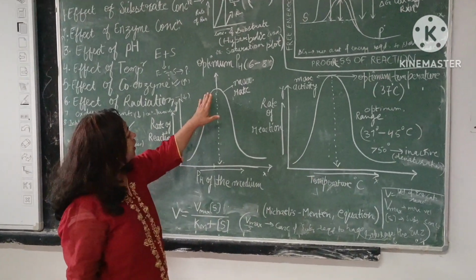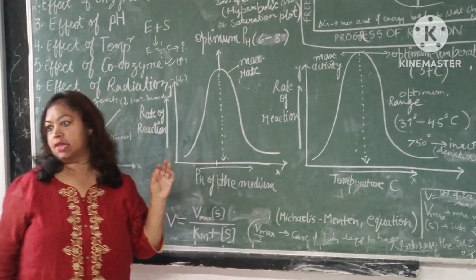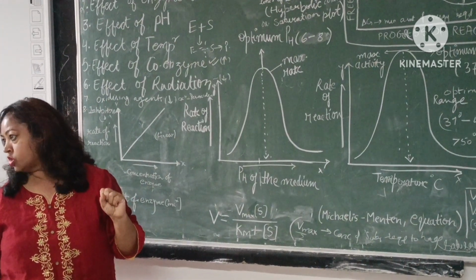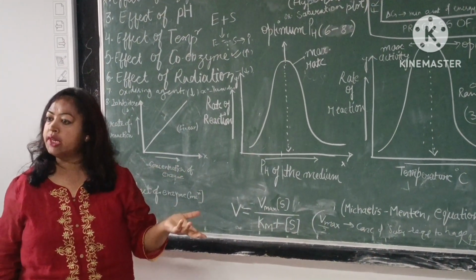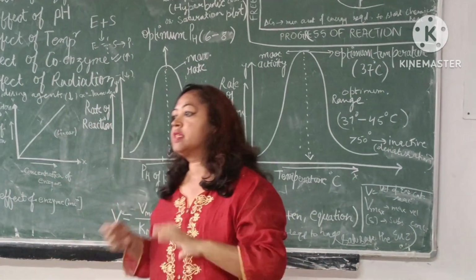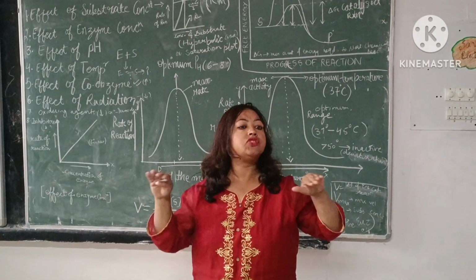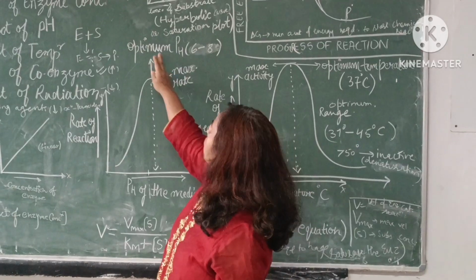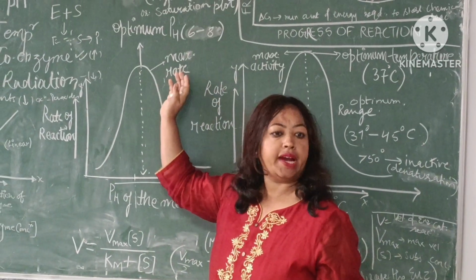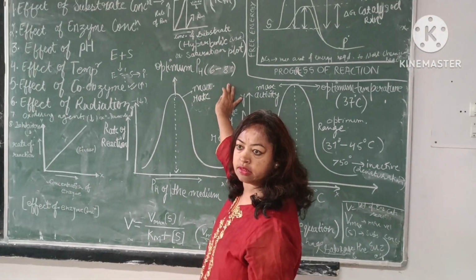Now we very well know pepsin, which is the enzyme involved in digestion. It works at a specific pH around 1.2, or we call it acidic pH. So we can say that some enzymes act at a particular specific pH. But if we talk in general, then we can say that the optimum pH for the maximum activity of enzyme is around 6 to 8.